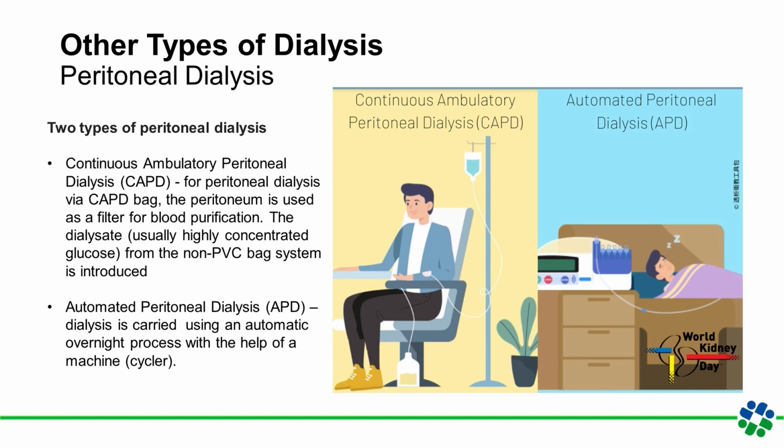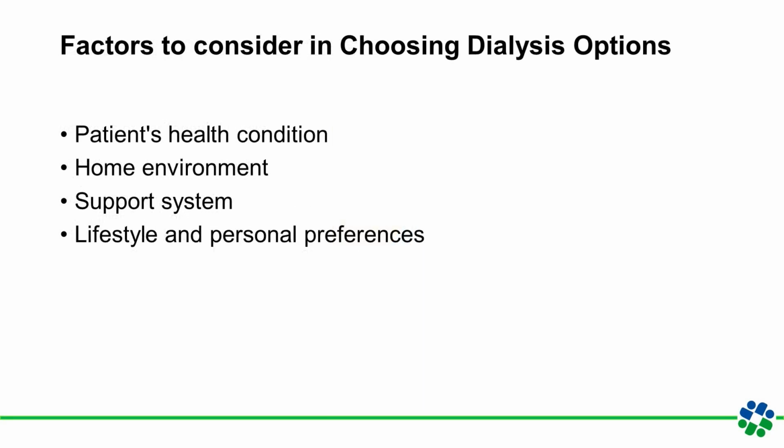The choice between CAPD and APD depends on, again, your lifestyle, preferences, and your medical condition. As always, it's important to discuss these options with your healthcare team to decide which method is best suited for you.